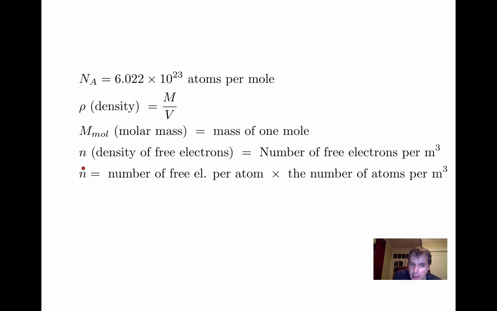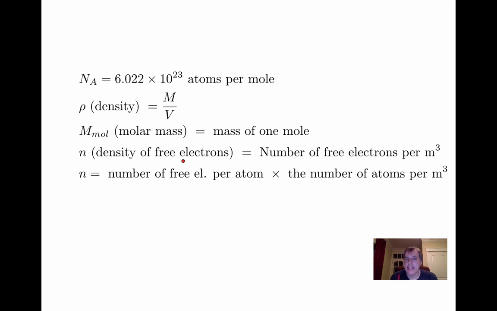But just one comment here. The number of free electrons is different for different elements, and this is what makes the difference between a good conductor and something which is non-conducting. For example, copper, aluminum, and so on, they are good conductors.